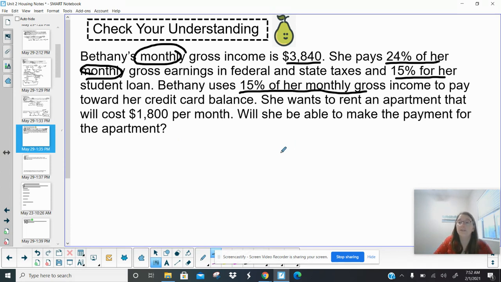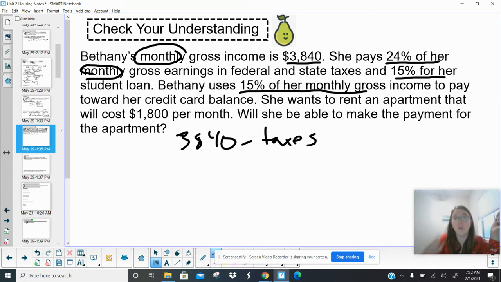So we need to figure out how much is left over. I'm going to kind of give you a hint here. We have the 3840 is how much she's starting with. Minus, we need to find out how much she's paying for taxes. That's 24% of this. She's got her student loan. We need to find out what that is because it's a percentage, guys.